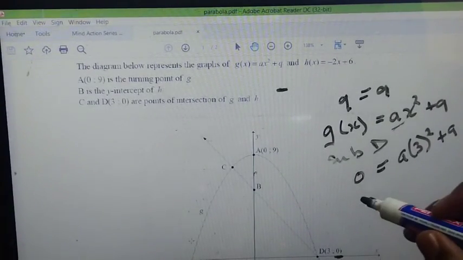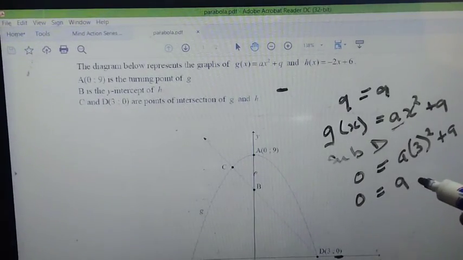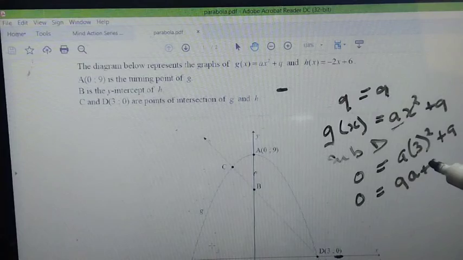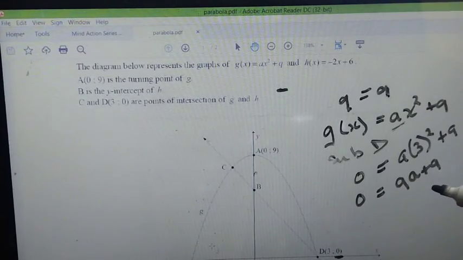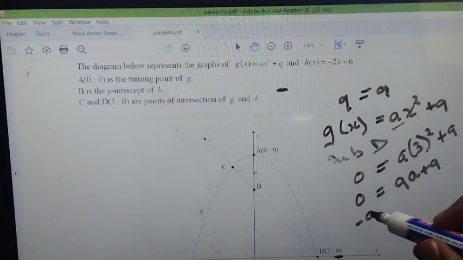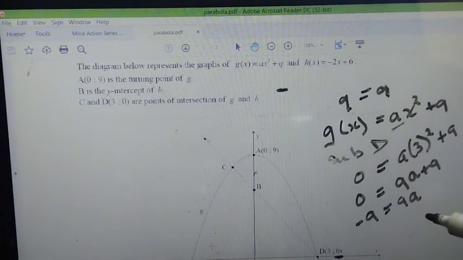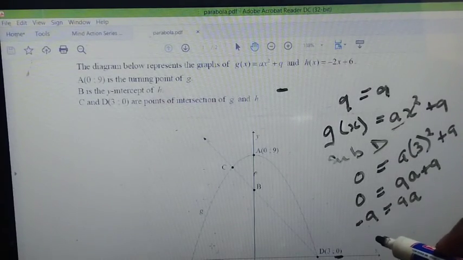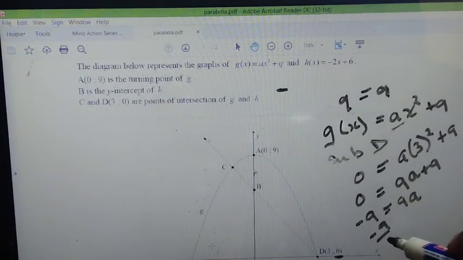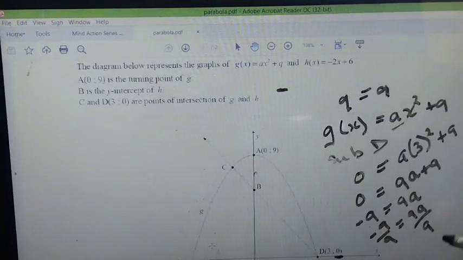Simplifying this, 0 is equal to 9a plus 9, and then we can transpose the 9 to this side, which is negative 9 is equal to 9a, and then we divide both sides by 9. That is negative 9 divided by 9 is equal to 9a divided by 9.